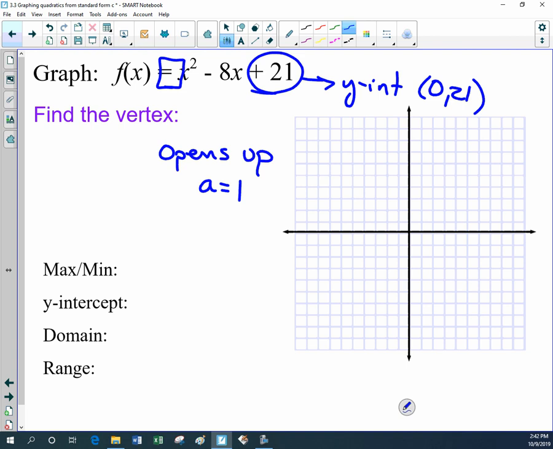What else do we know? We know that the rate would be 1, 3, 5, 7. Basically the only thing we'd have to do is find x by taking opposite of b divided by 2a. Then we would plug that into the equation to find y.